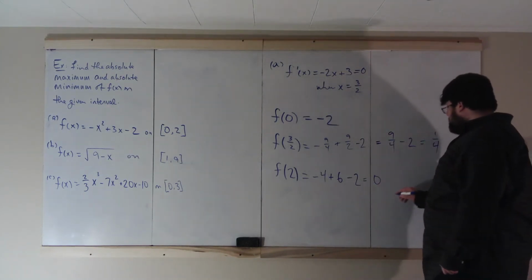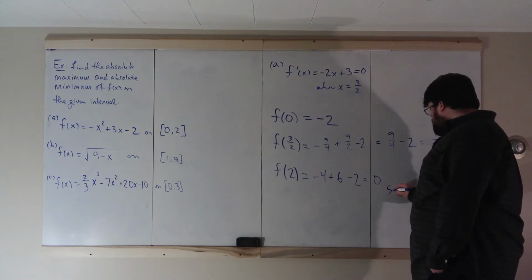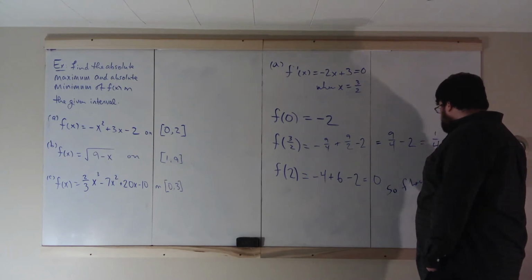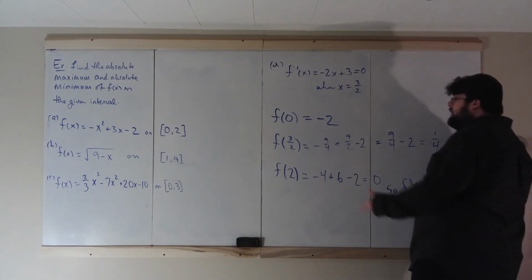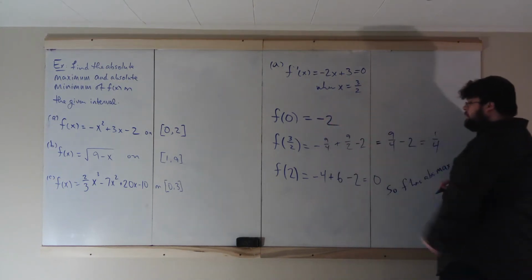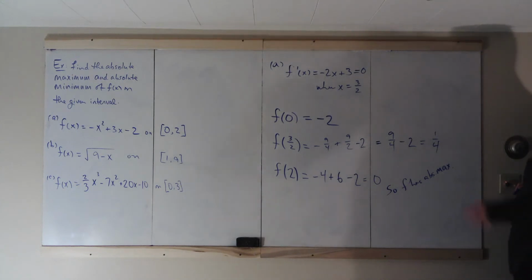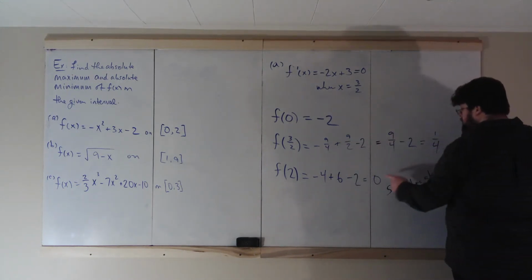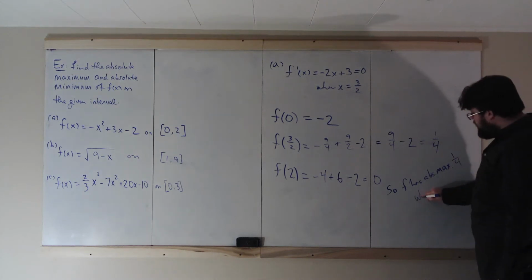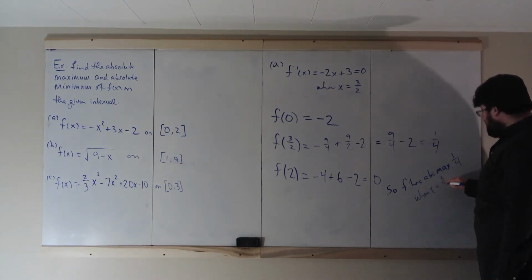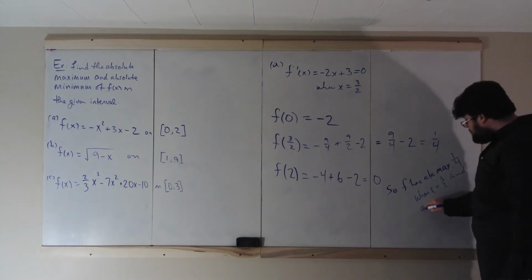So from this, we'll say f has absolute maximum. The largest, if you saw this as a positive 2 like I did, that would have been the largest. But it's a negative 2. Which is the largest y value? 1/4. Absolute max 1/4 when x equals 3 halves, and absolute minimum.